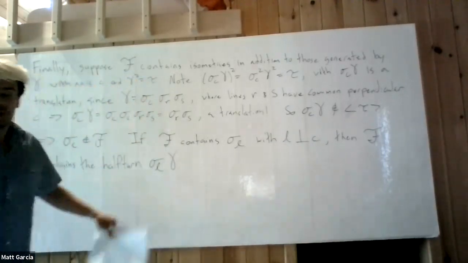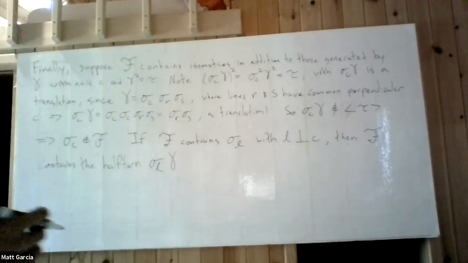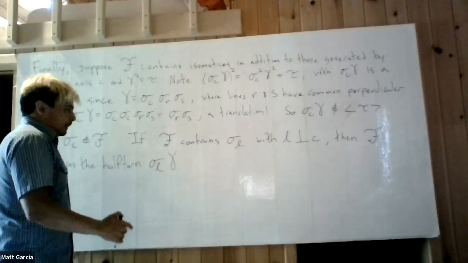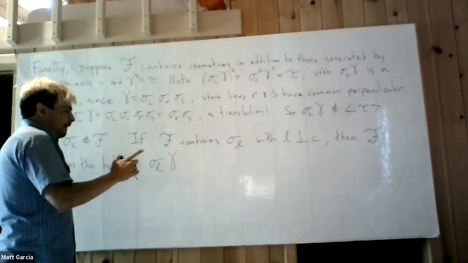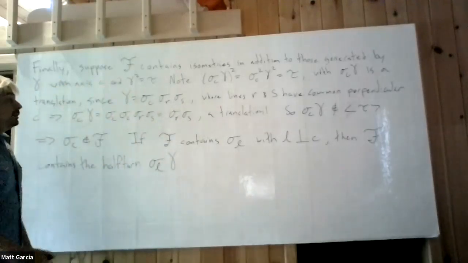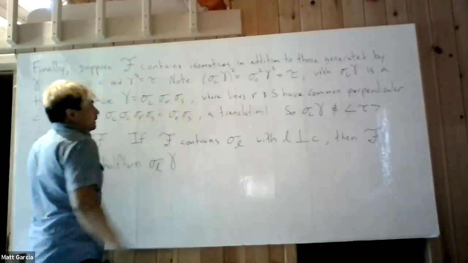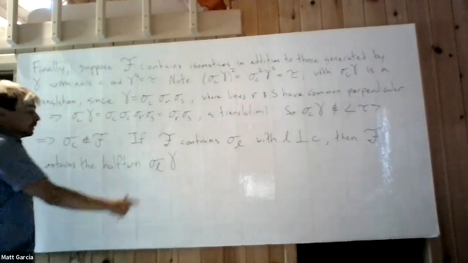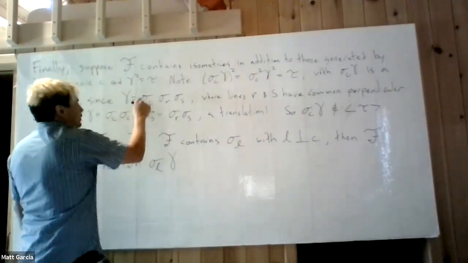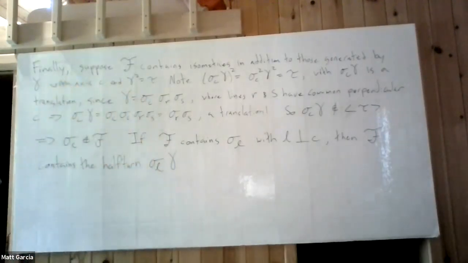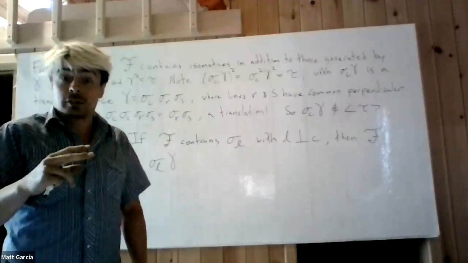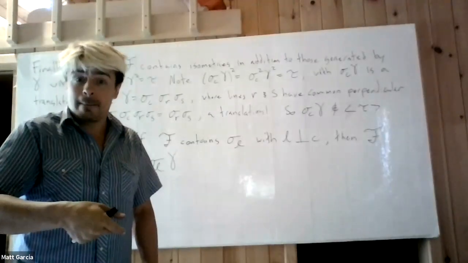You can verify this in a similar fashion, right? That is to say, again, gamma is just this product, sigma C, sigma R, sigma S. Sigma L times sigma C is the product of two reflections in perpendicular lines, which is a half turn, right?